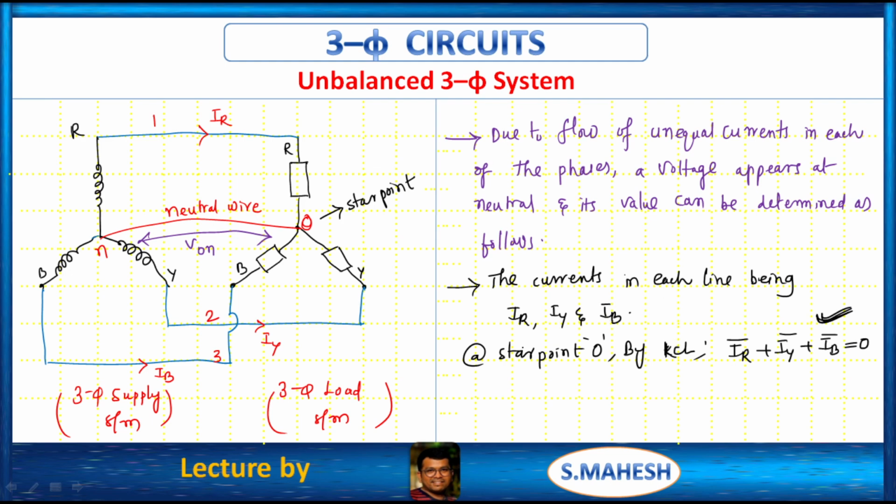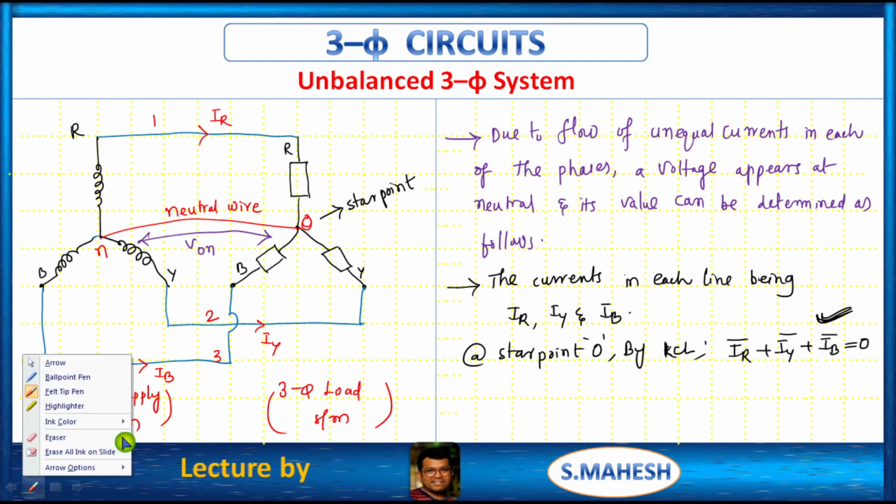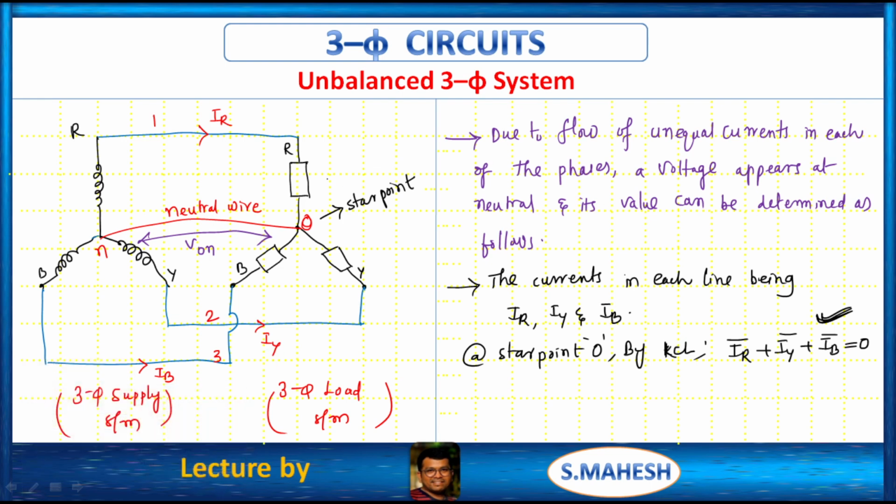Okay. So from this, IR is what? We all know that I is equal to simply V into Y, right?